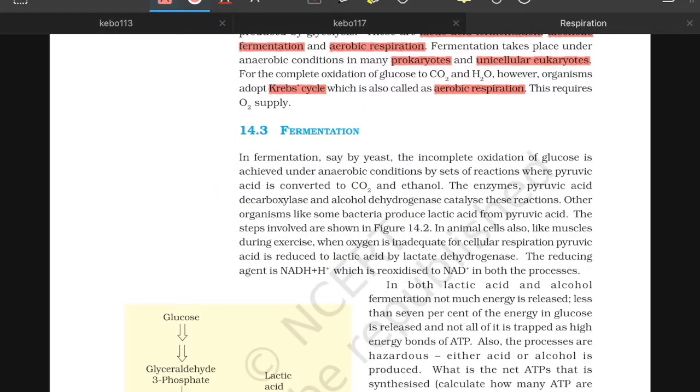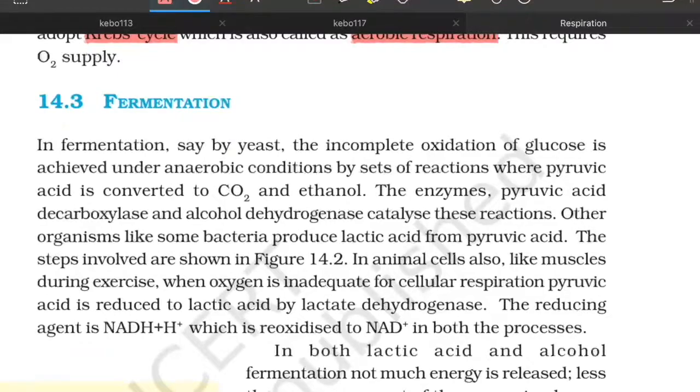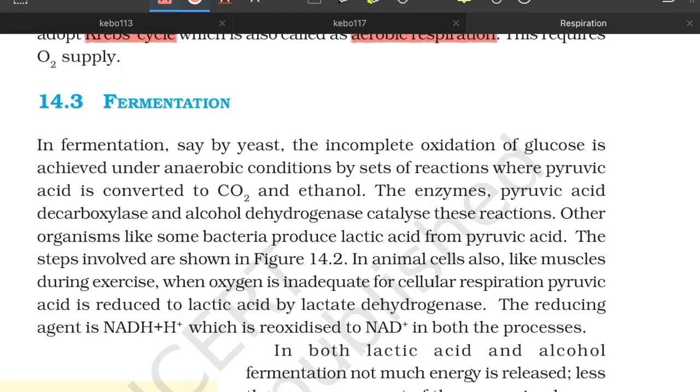Fermentation. In fermentation, say by yeast, incomplete oxidation is achieved under anaerobic conditions by a set of reactions where pyruvic acid is converted into carbon dioxide and ethanol. So with yeast we majorly get alcoholic products. Pyruvic acid decarboxylase: why do we have a decarboxylase? Ethanol has 2 carbons, pyruvic acid has 3 carbons.